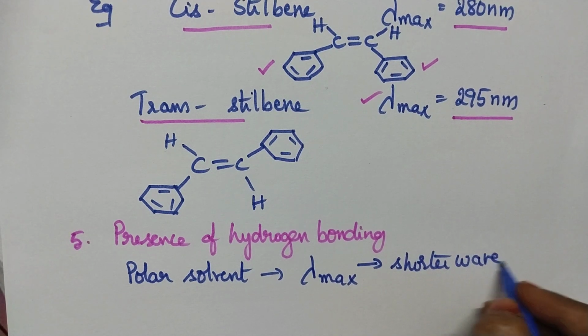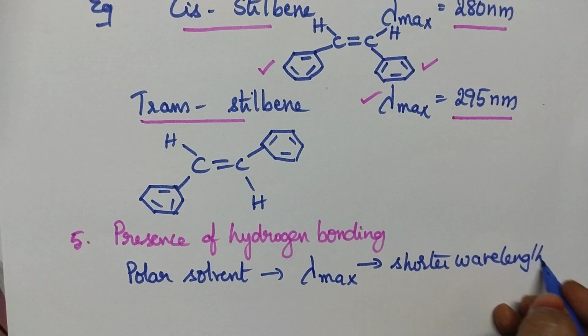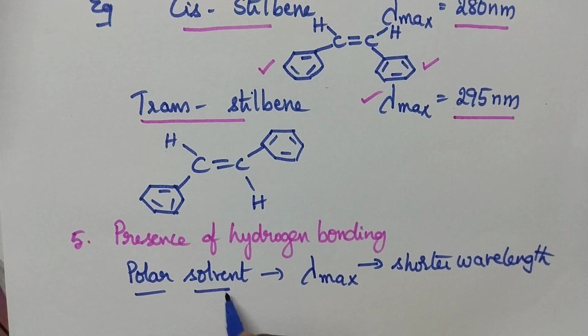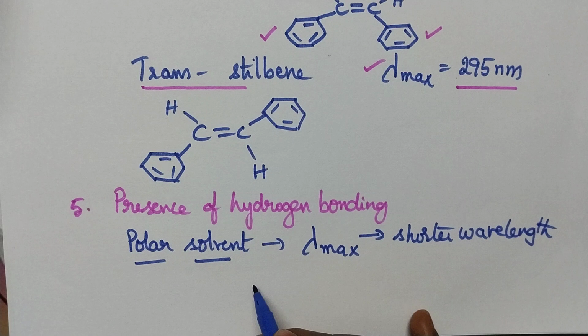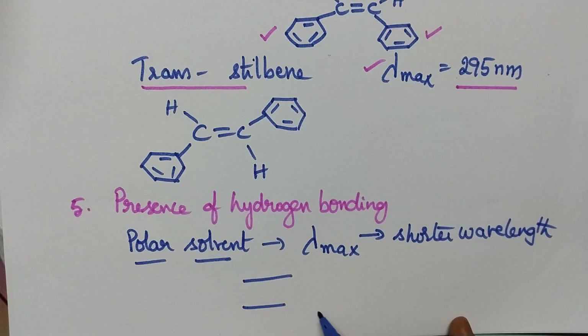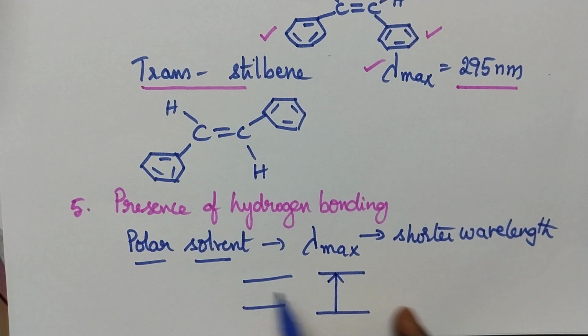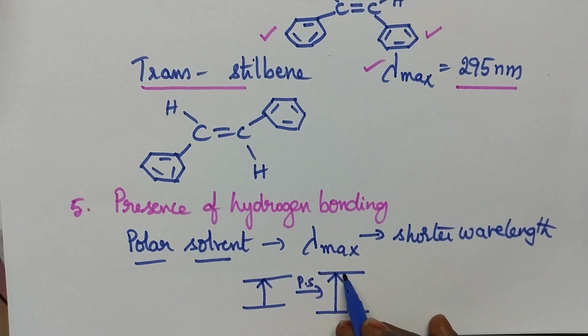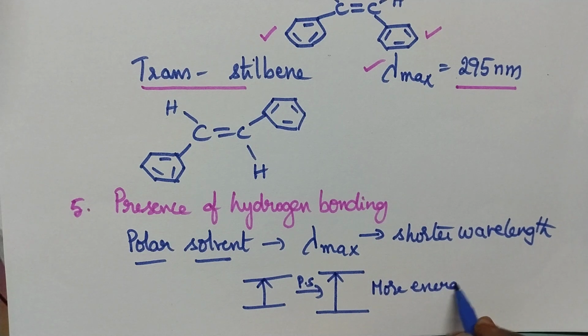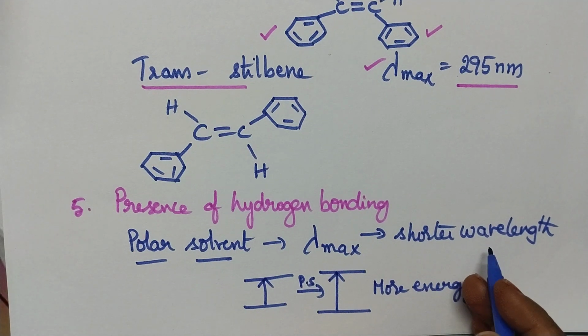That means due to the presence of polar solvent, all the molecules will associate, and with the result the energy at the ground level will be decreased, and hence in order to excite the electrons from the ground state to the excited levels, we require more energy. That means the absorption maximum will be observed at the shorter wavelength region.